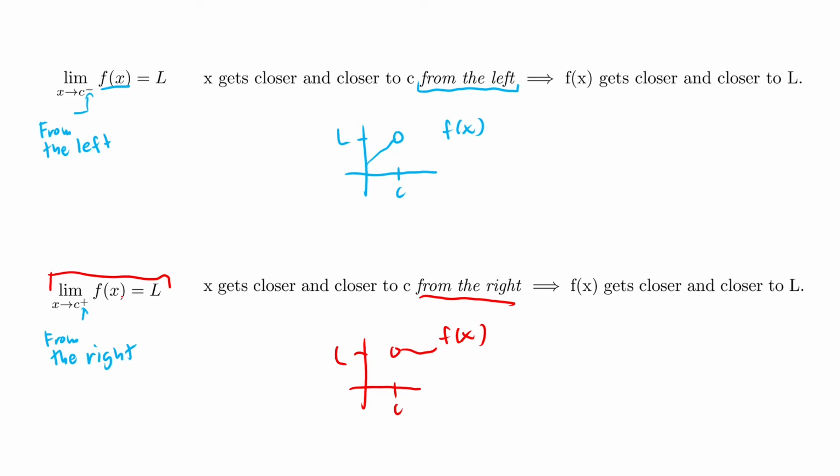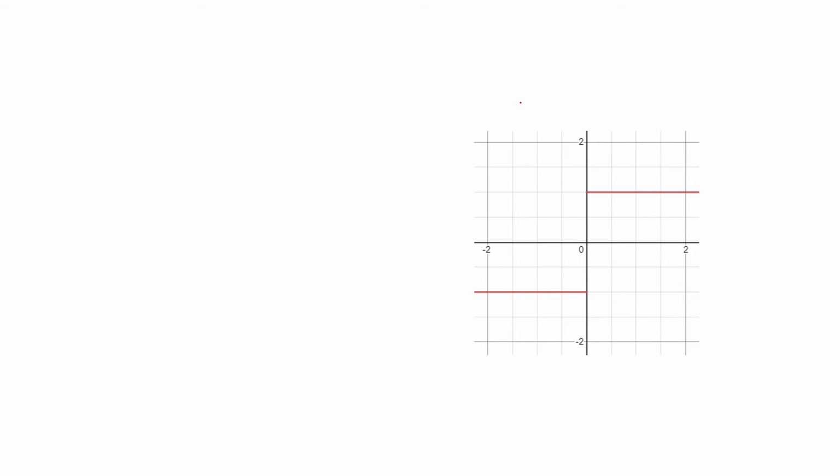Okay, so let's do a practical example with real numbers. Here we've got the function f of x equals the absolute value of x over x, and these points here are going to be 1 and -1. The function is not defined at 0: if you plug 0 into this function, you divide by 0, and f of 0 is undefined. So remember, a limit does not actually have to be the same value as the function.